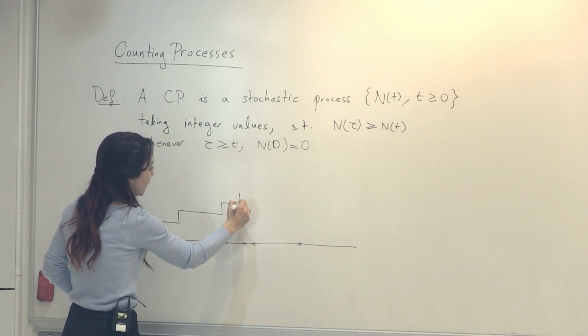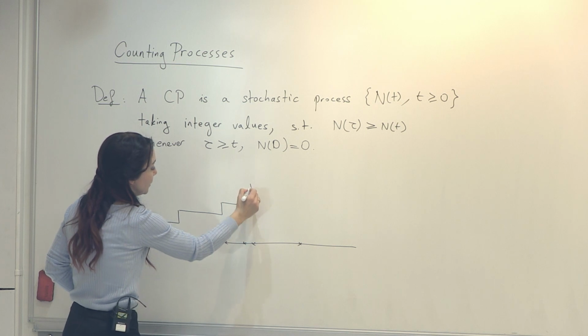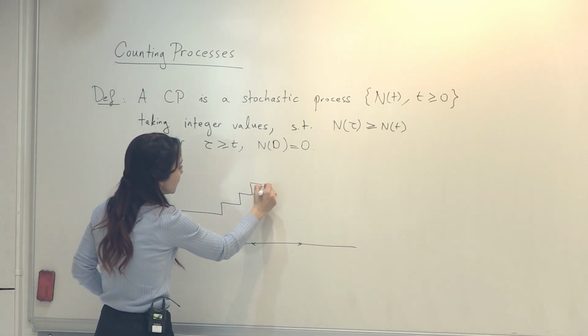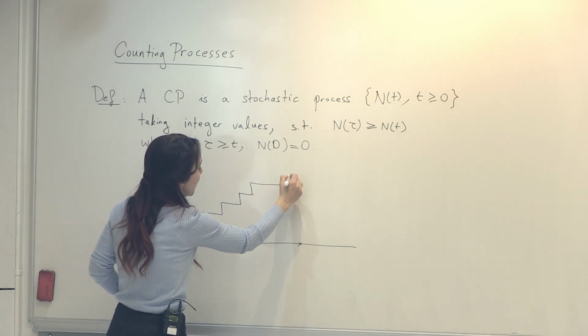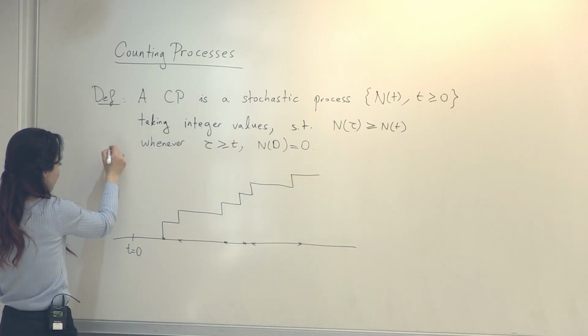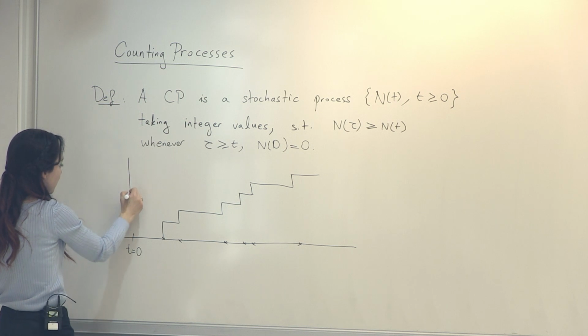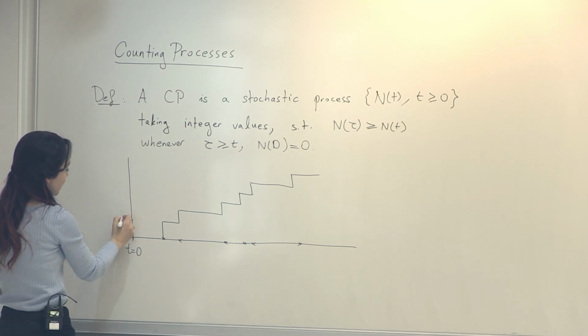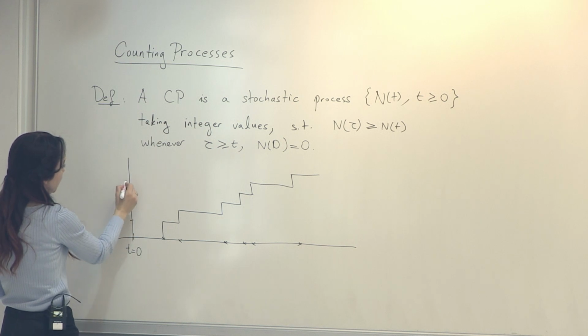So N of t, let me repeat, is the number of arrivals by time t. So if you will, let's have the values here 1, 2, 3, 4, etc.